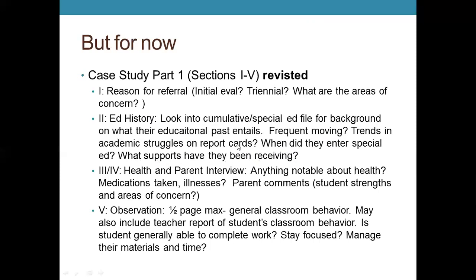So this might be anywhere from half a page up to more than a page, depending on their background. If you're working with a high schooler, you don't need to go into detail every year from kindergarten on. You can do a general summary of their elementary and middle school years, and then maybe talk a little bit more in depth about the past few years of their IEP.